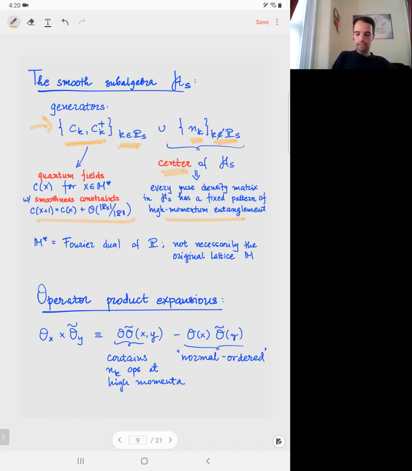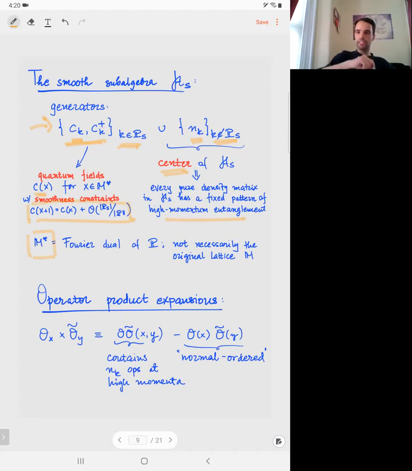And then, meanwhile, these operators CK, which only exist in momentum modes in PS, you can Fourier transform, as I've written here. So you can define some lattice M star, which is the Fourier dual, or what some people might call the Pontryagin dual, of P. Basically, you can use this Fourier transform to exchange these momentum operators CK with fields C of X, which all happen to obey a smoothness constraint like this.